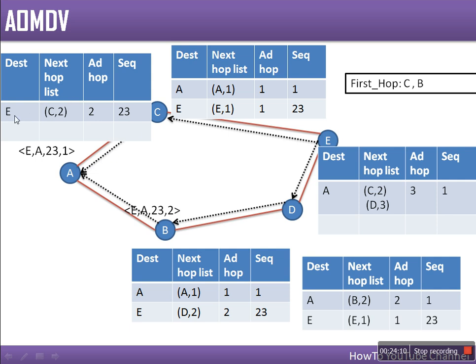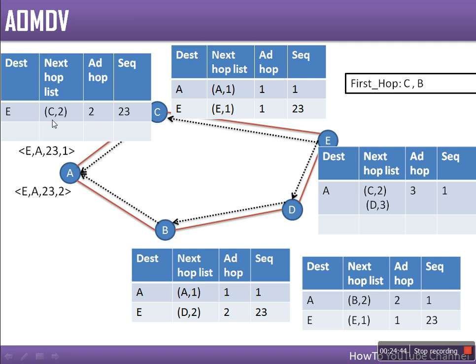So here it will find out that node E is 2 hops away via C. Now it will receive another route reply packet with the same sequence number. So if a node is receiving the same sequence number, it will check whether the new route reply provides a shorter path or not. But via B this path is longer than this path, so this route reply packet will not be entertained. So node A will have only one entry in its routing table.